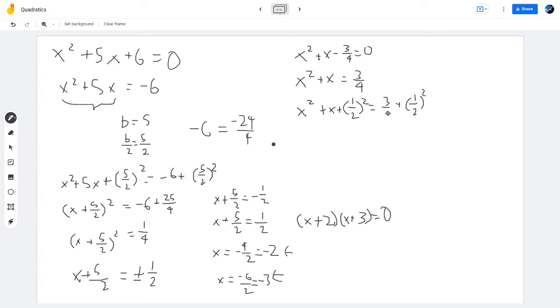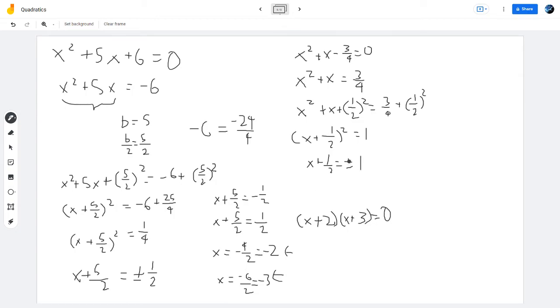And you'll see that we're going to get x plus 1/2 quantity squared. This is just 1/4, so it's going to equal 1. So x plus 1/2 is going to equal plus or minus 1.